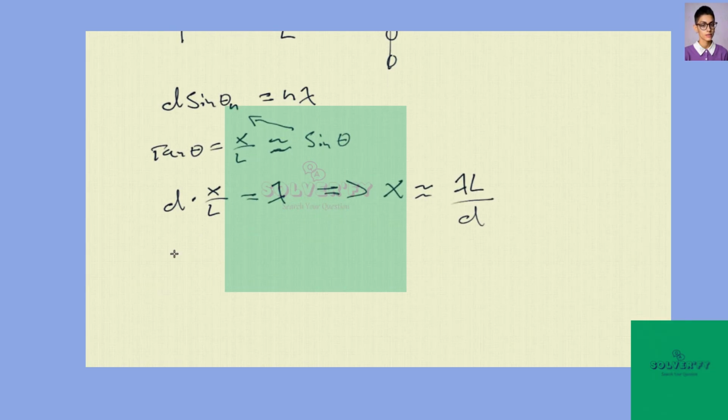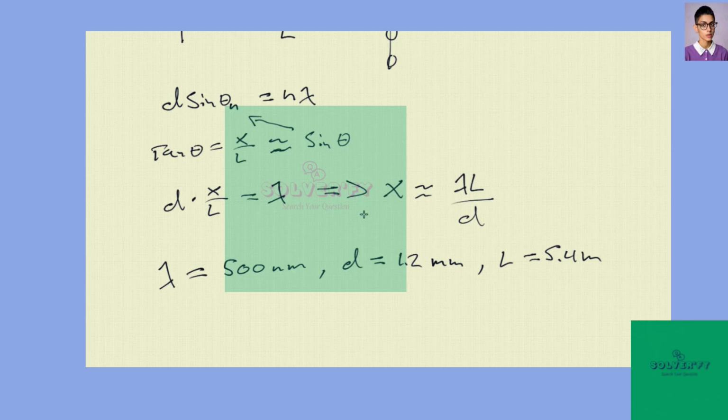So they tell us that lambda, the wavelength of the light shining through here, is 500 nanometers. And d, the separation between the slits, is 1.2 millimeters. And L, which is the distance to the screen, is 5.4 meters.